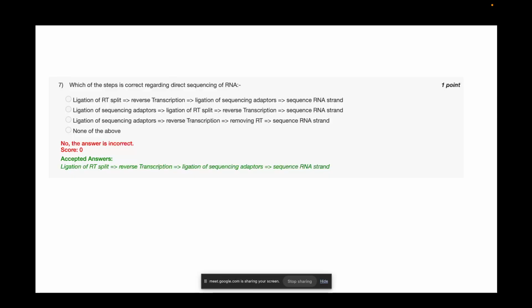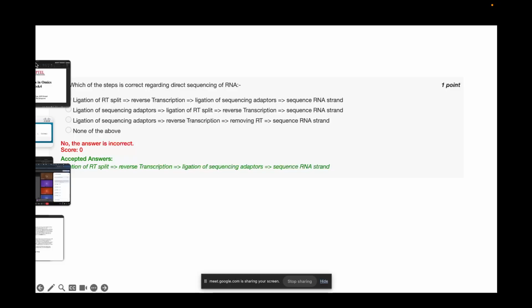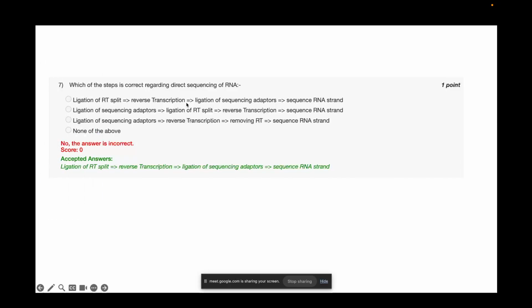So first you do the reverse transcription, and for that you need to have the RT splint, and then you do the rest. So the first option is correct. If you have any doubts, please ask. But it's kind of intuitive. You first do the reverse transcription, then you do the adapter ligation and the sequencing.